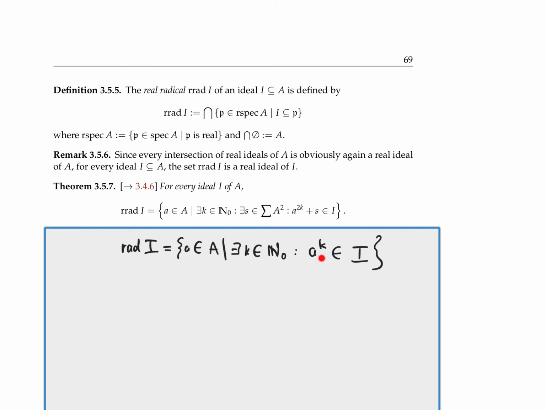But here, normally I just take usual powers, and here I take even powers only. Here it's important that I take even powers. If you want, you could also take even powers in the classical case, but there is no reason for it, though it would be okay. Here there is a reason why I take even powers only.